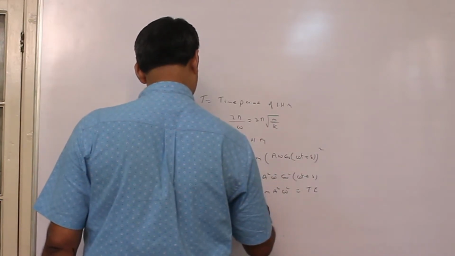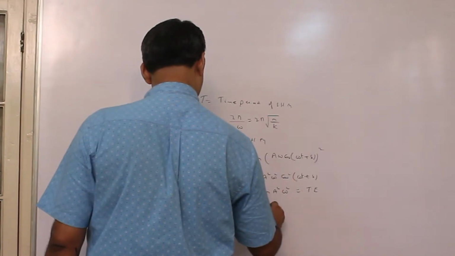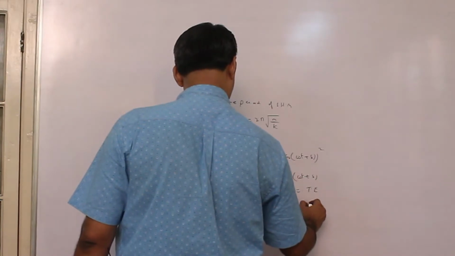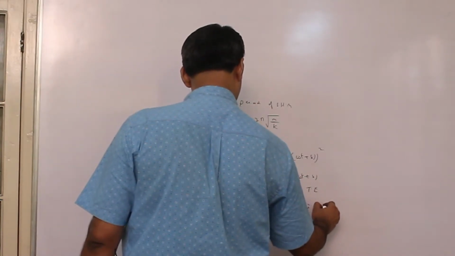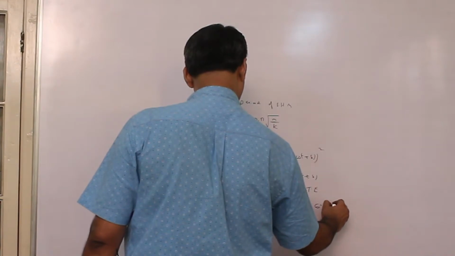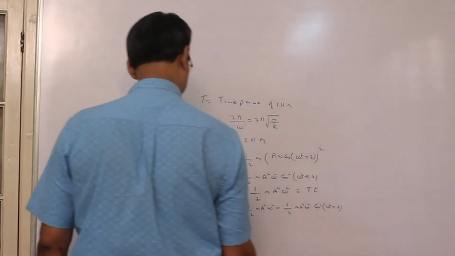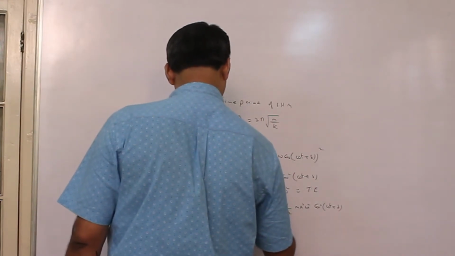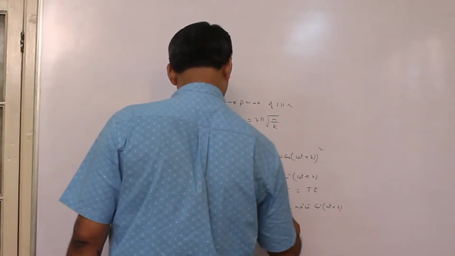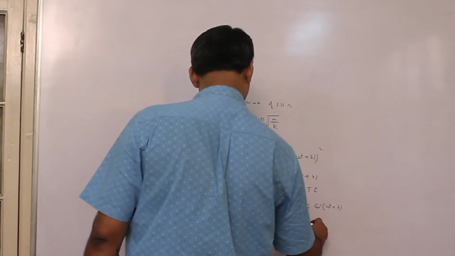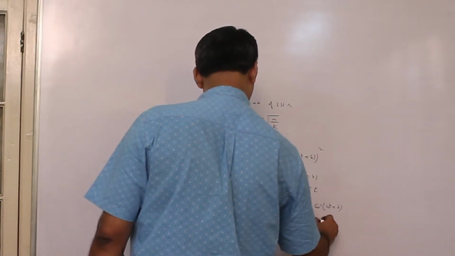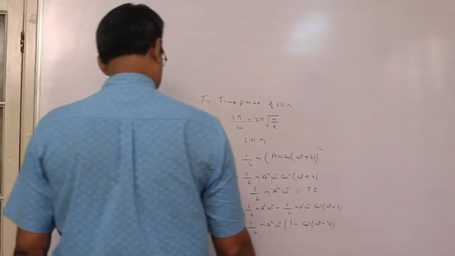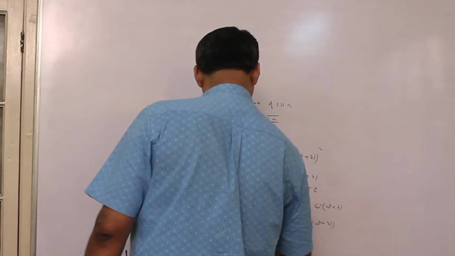And potential energy is total energy minus kinetic energy. So this is the calculation.